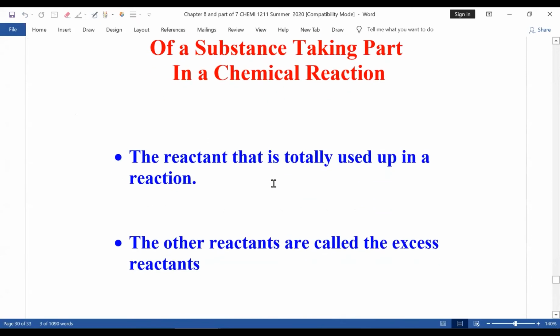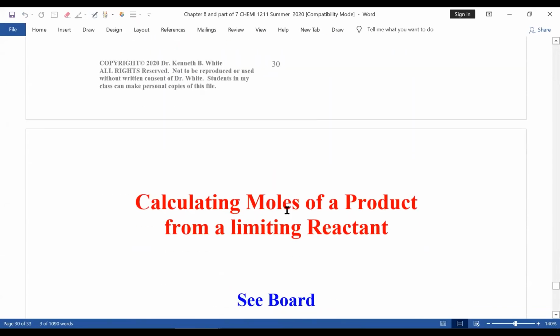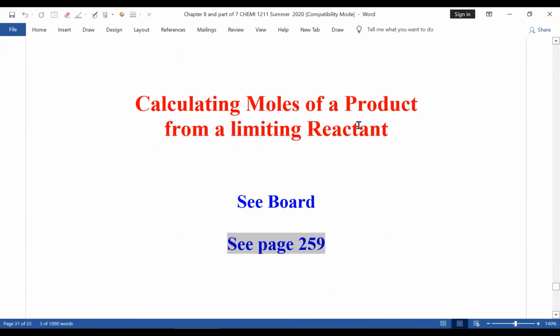Now, usually one is used up and the other is in excess. Now, this has a special name, and this is called calculating the moles of a product from a limiting reactant.